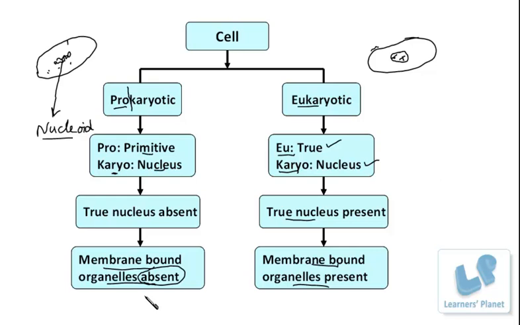Of course, you cannot see them with the naked eye, but you know the concept. Bacteria, viruses, isn't it? All these are prokaryotic forms of life, like some types of algae. All these are prokaryotes.